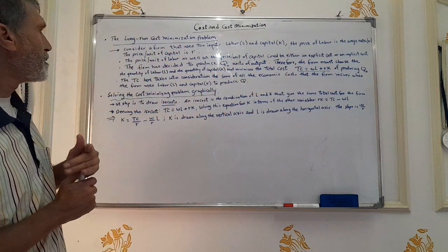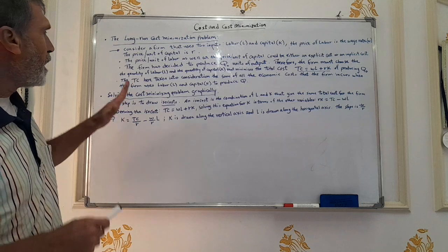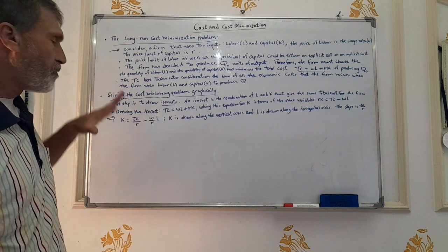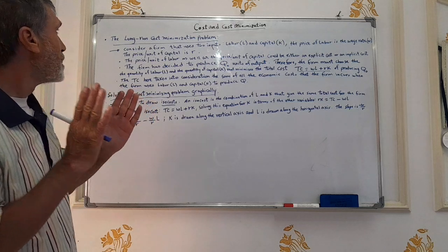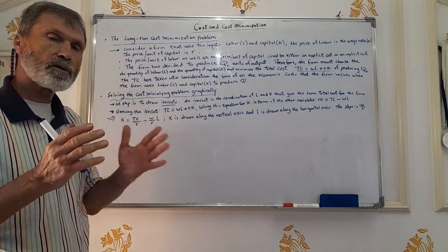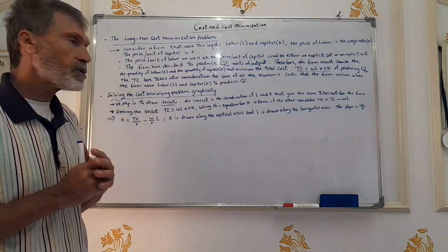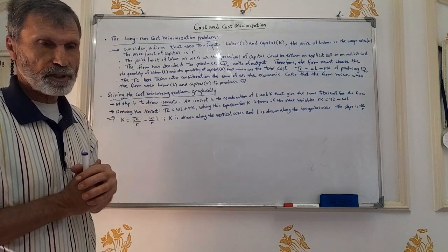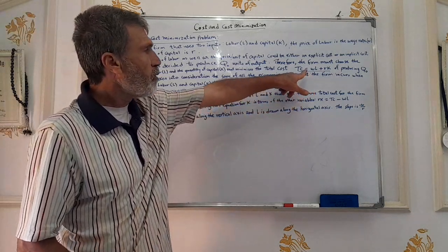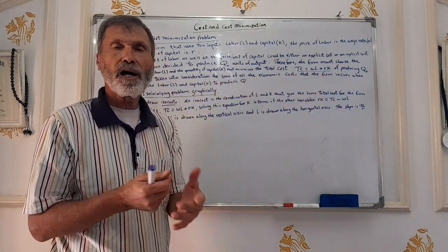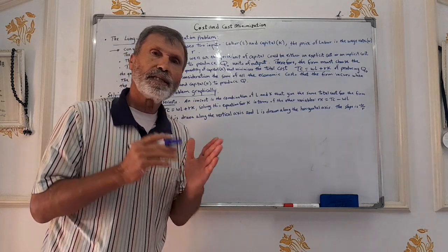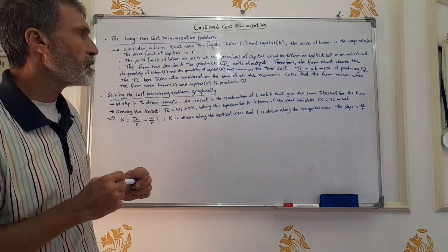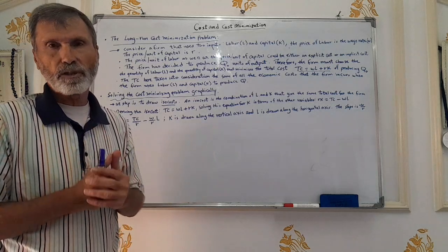So remember here, the first step in solving the long run cost minimization problem is to first draw isocost. From this equation of total cost, we can derive the isocost. And isocost is the combination of labor and capital that gives the same total cost.